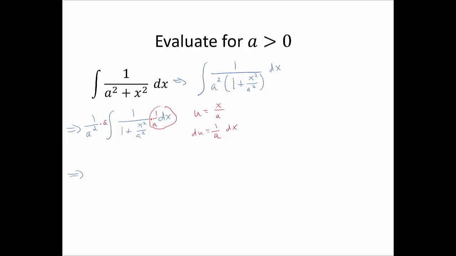So this integral becomes a over a squared, that's 1 over a, times the integral of 1 over 1 plus u squared du. That's 1 over a tangent inverse of u plus a constant, and then put it back into the original variable: 1 over a tangent inverse of x over a plus a constant.